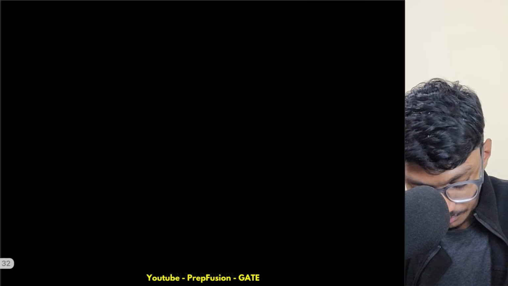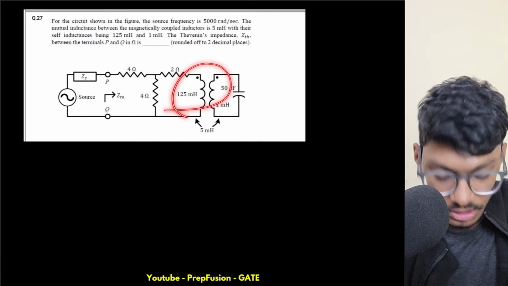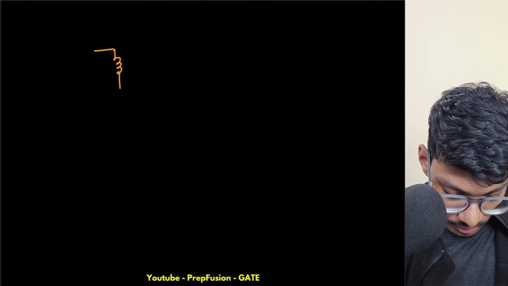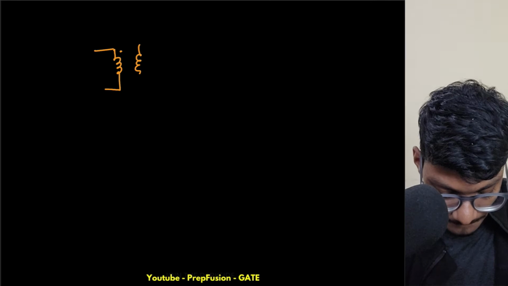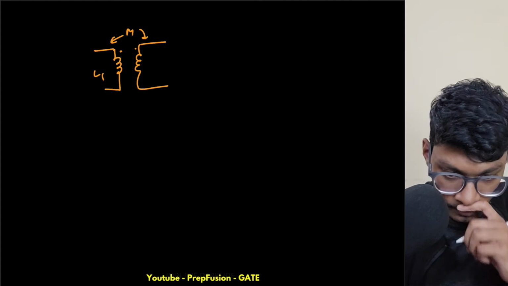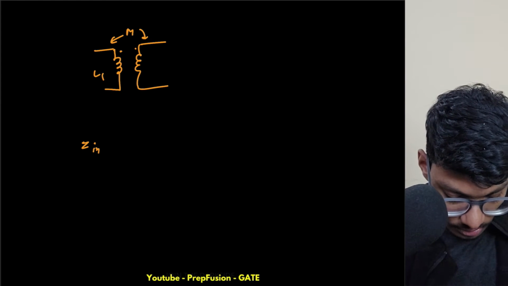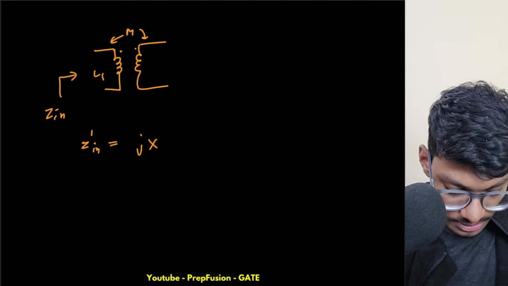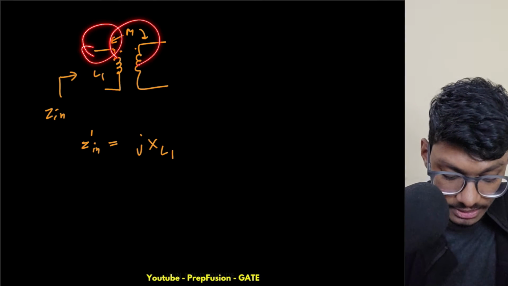If we have a formula with some mutual inductance, because this is not an ideal transformer, so if we have a transformer like this, and this is L1 and the mutual inductance is M. Now Z in, looking-in impedance to the primary of the transformer, will be simply jXL1, obviously, here, and this inductance will also be there.